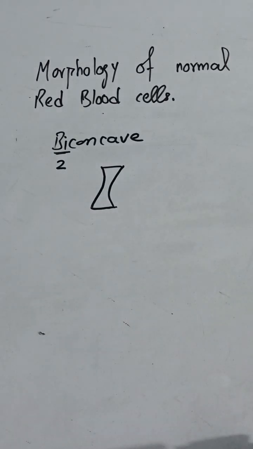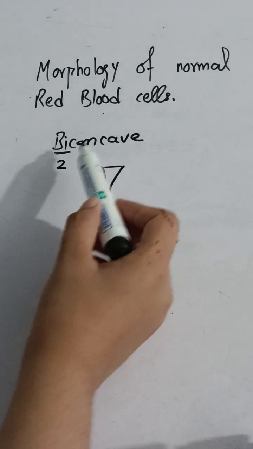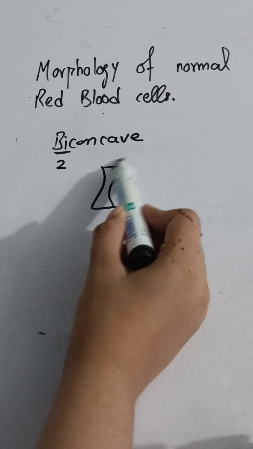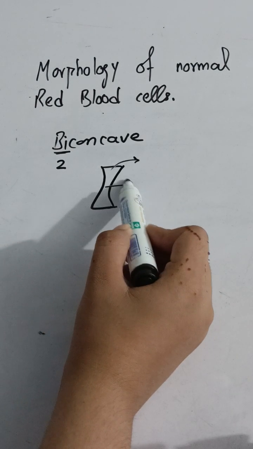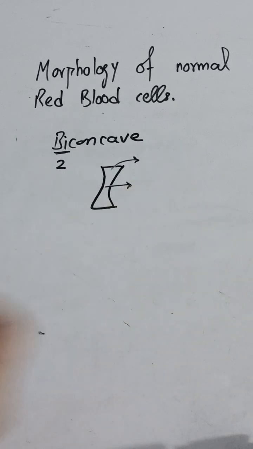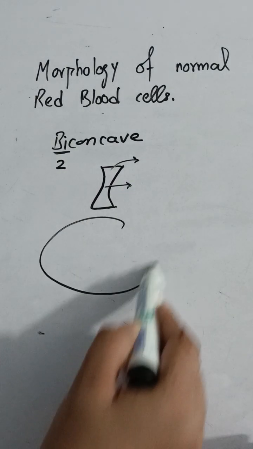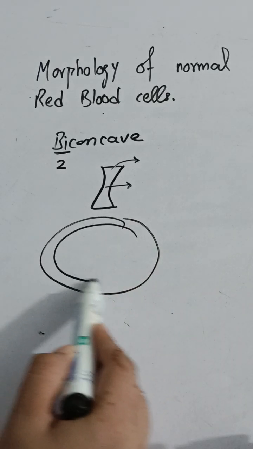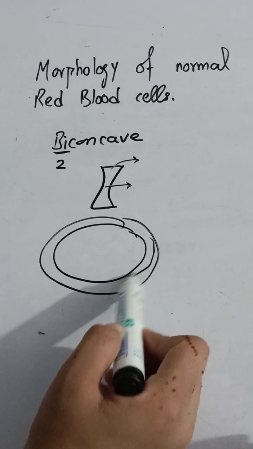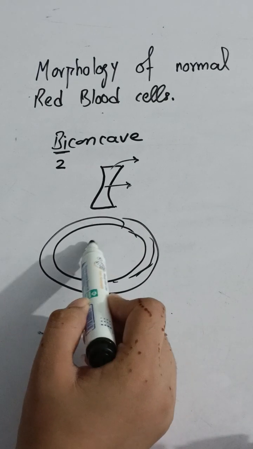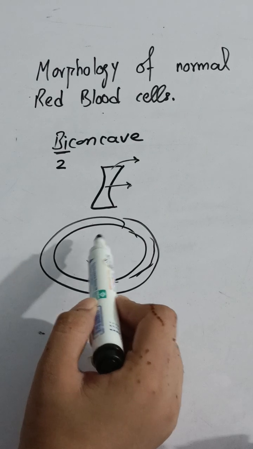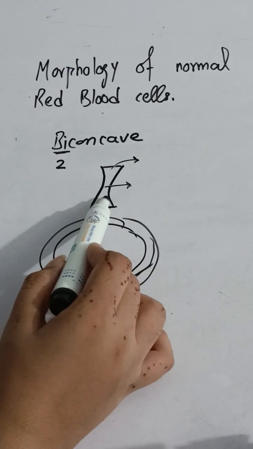How is it just like a biconcave lens? Because a concave lens has thicker edges and a thin central area. The same rule applies to red blood cells. A red blood cell has thicker edges, while the central area is very thin, just as in a concave lens.